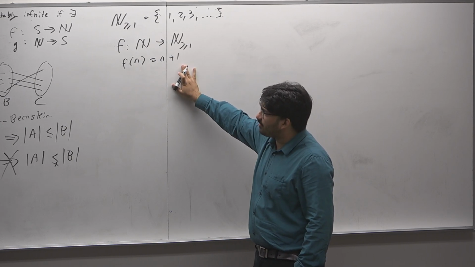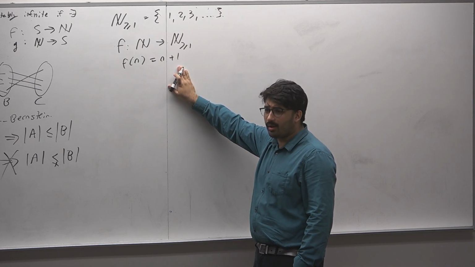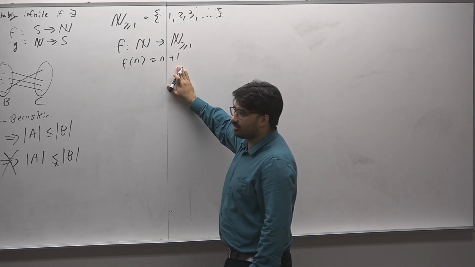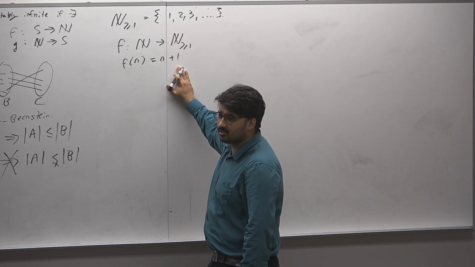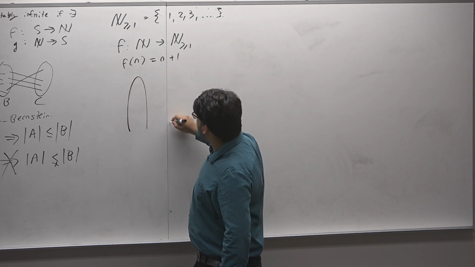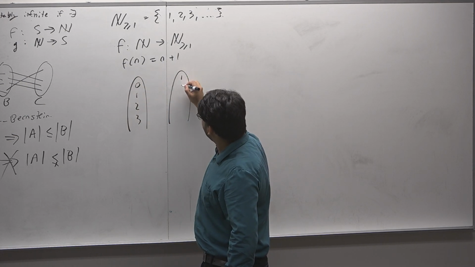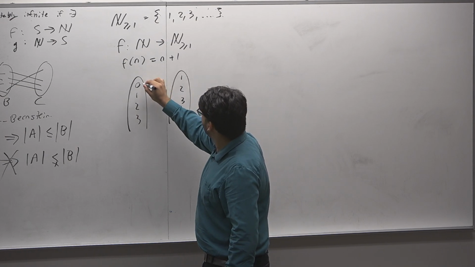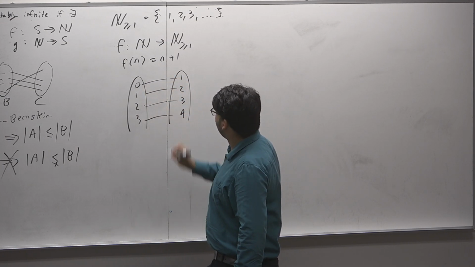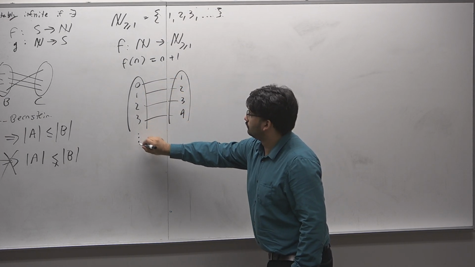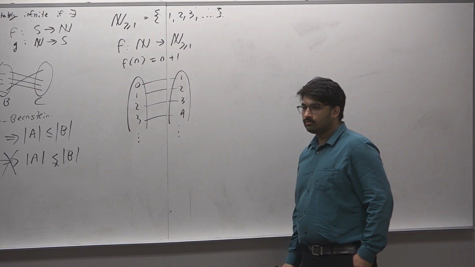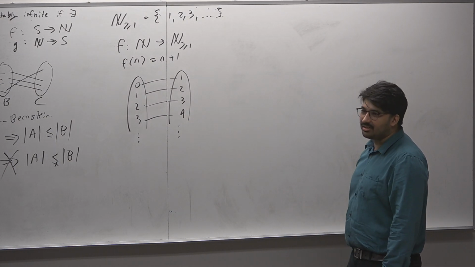It's injective. Is everything in the codomain mapped to? Yes, by the n minus 1th element in the domain, right? We give you the picture. Okay. So there's exactly as many naturals.